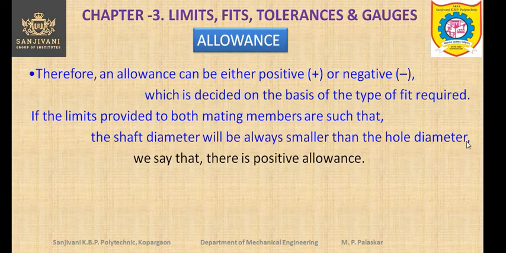Whatever may be the extreme case, if the shaft diameter is always smaller than the hole diameter, then the allowance is said to be positive.